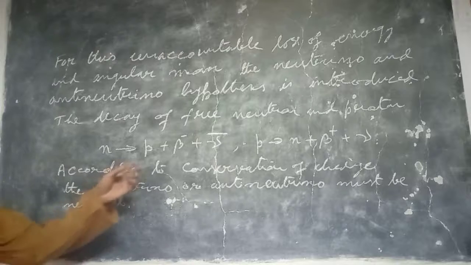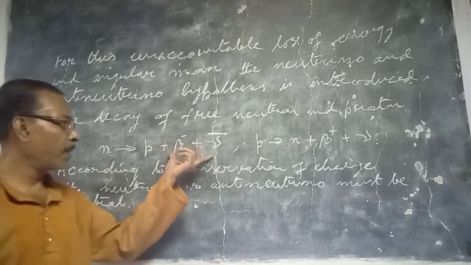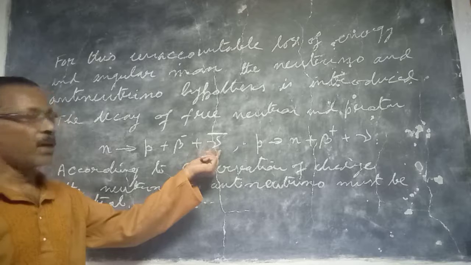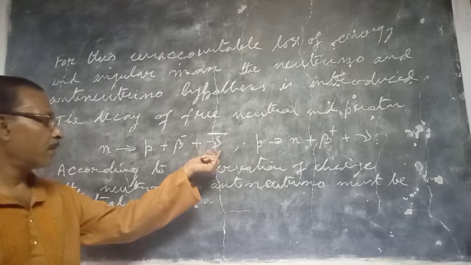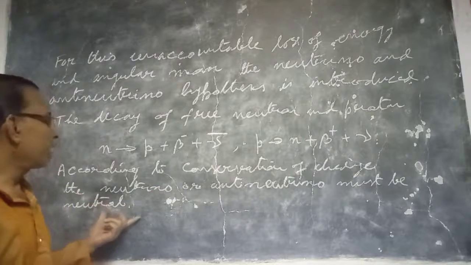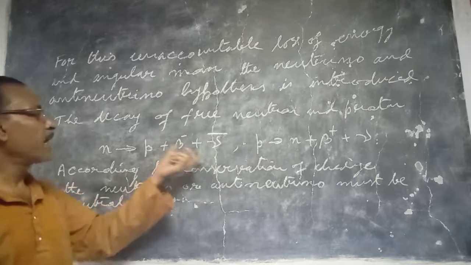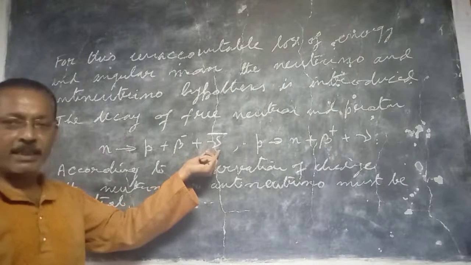So the continuous distribution of the energy curve is understood, but it must have very small mass, and from the charge balance it is also clear that it is neutral.